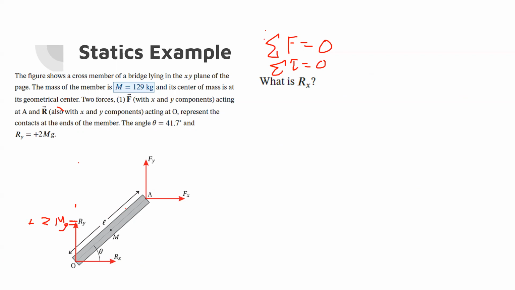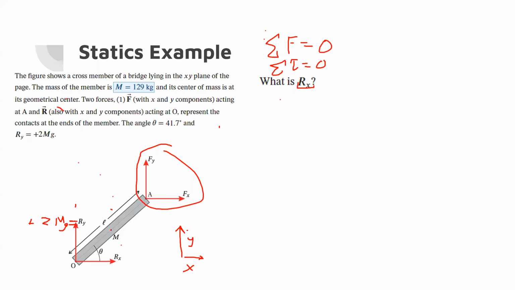I think it's giving us a coordinate system where this is positive y and this is positive x. I believe the full homework problem asks us to solve for these forces as well because we don't know what they are, but I'm just going to focus on solving for Rx in this case.